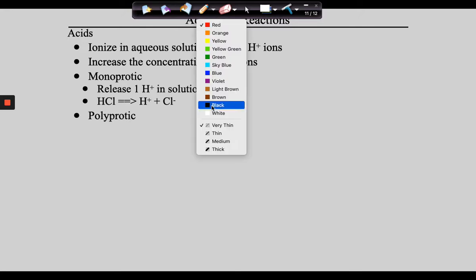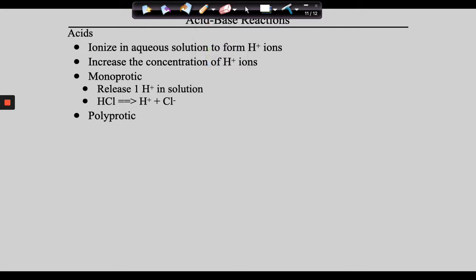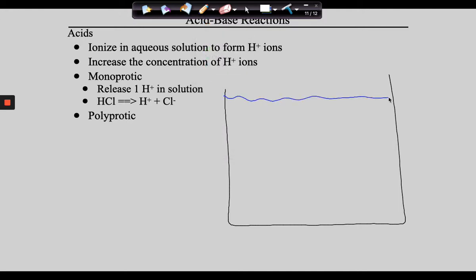So, guess what we're going to do? Draw a beaker. Guys, just get used to this. We draw lots of beakers. Draw a beaker. And guys, in your beaker, add some water. Why? Because this is chapter 4. It's aqueous chemistry. We got to have water. And then, guys, here's what I'd like you to please do in your beaker.